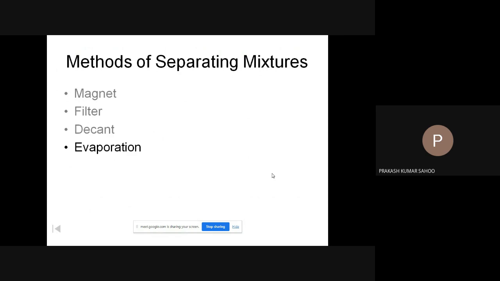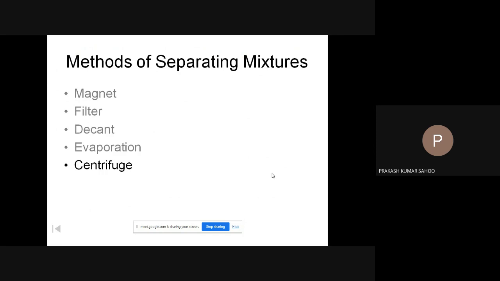Then evaporation, as we know, is by application of heat. If it is a solution, it will get evaporated on the basis of its volatility. So a high volatility substance will evaporate first.